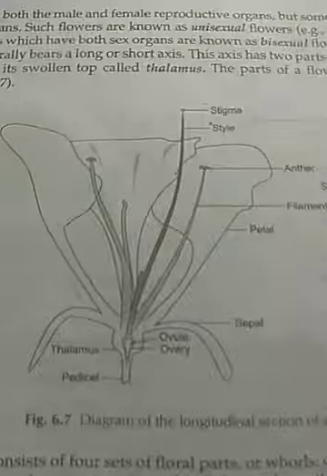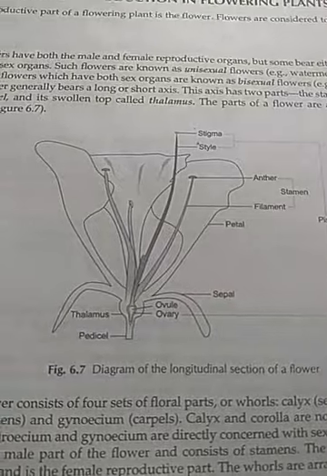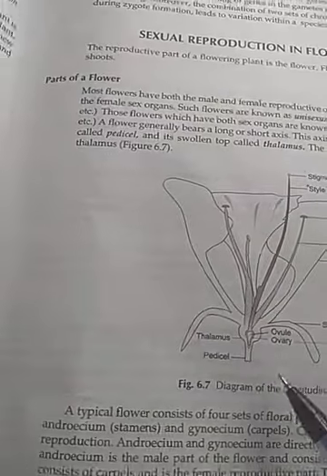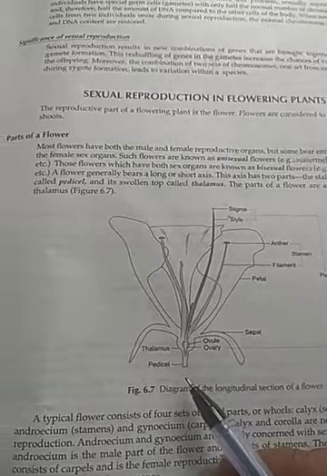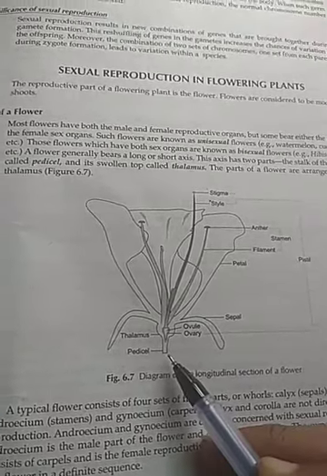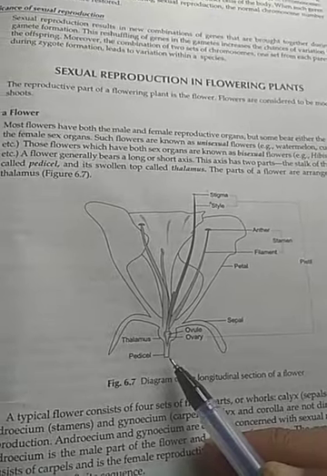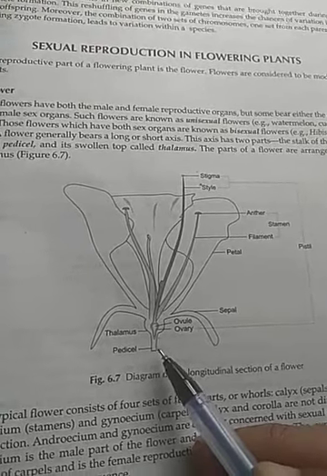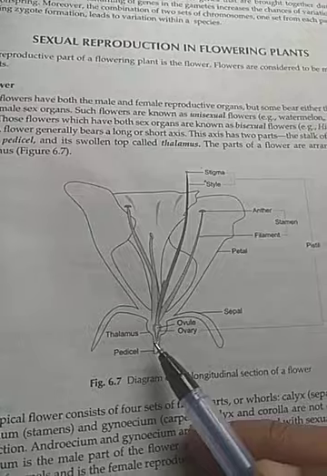Now the figure of a flower is given here. You will see the lower part of the flower, called the pedicel, from which the flower attaches to the stem of the plant. After that, the thalamus.